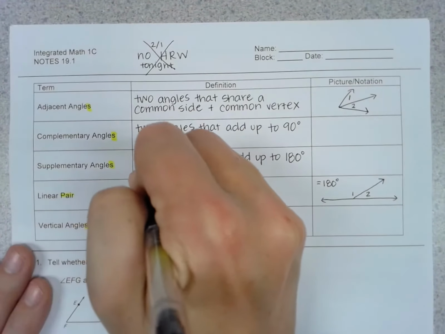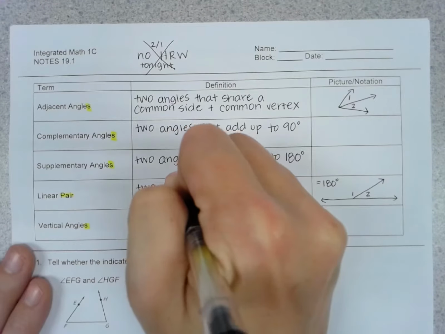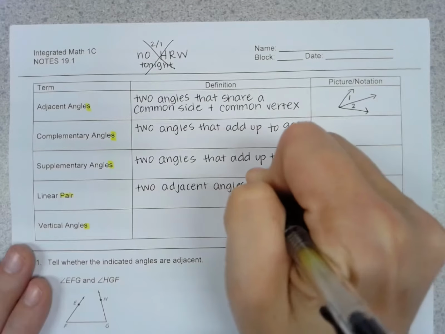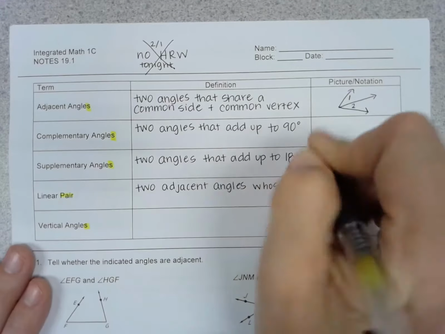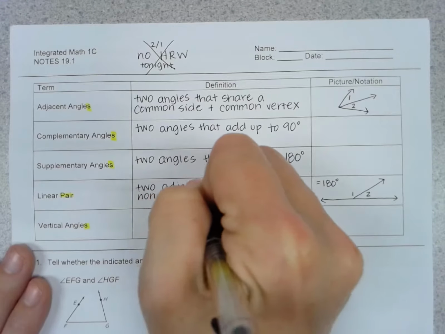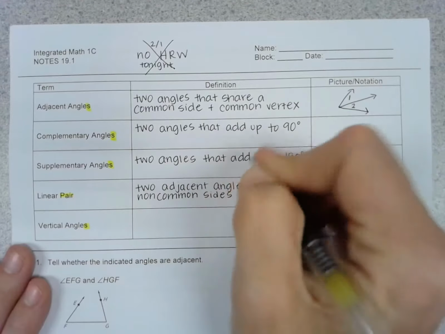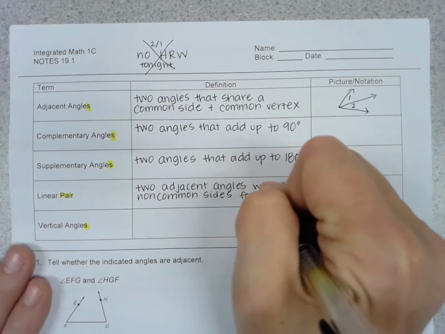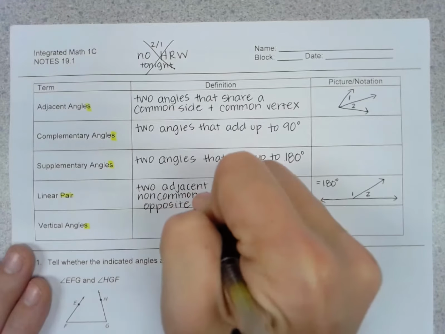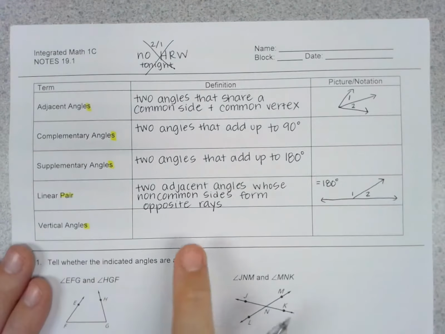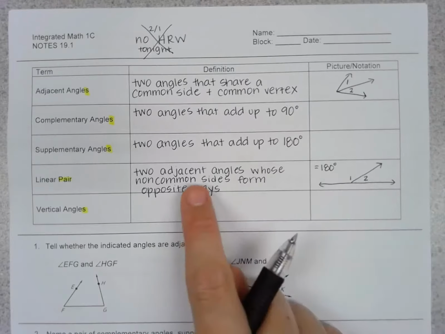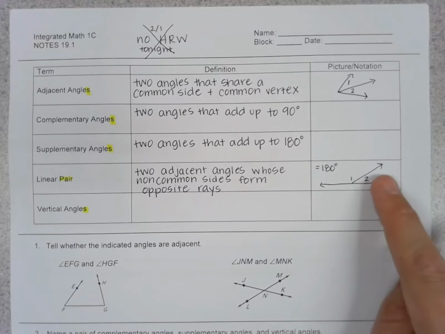A linear pair is two adjacent angles whose non-common sides form opposite rays. And so what this is actually saying is, they're adjacent, which means they have to have one side that's in common.